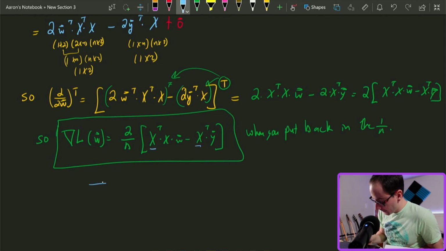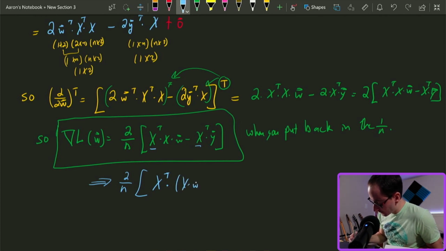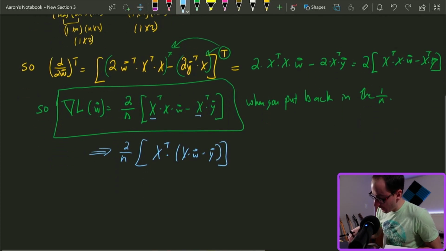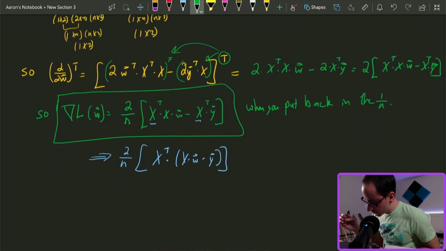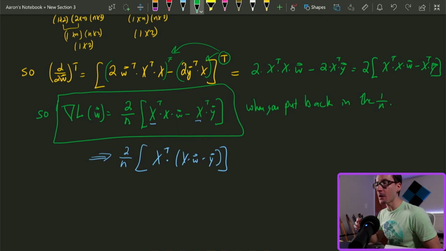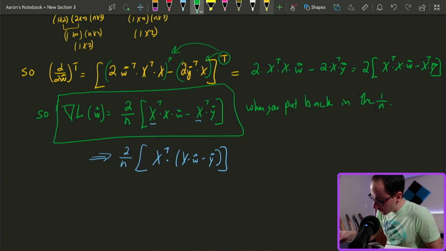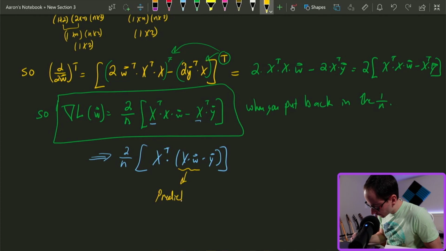So in terms of coding, we could also write this as 2 over n X transpose times, if I factor X transpose out, X dot W minus Y. And the reason that is super useful is because in terms of memory, we probably already have the quantity X dot W. Remember what X dot W is. X dot W is literally your predicted values for Y.